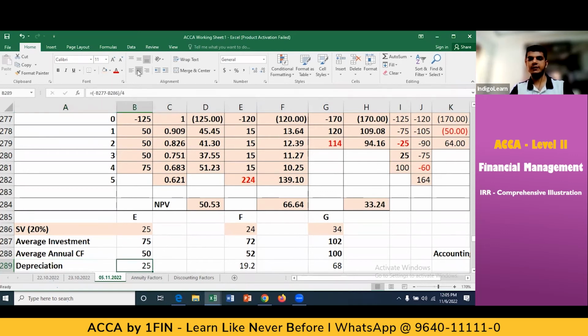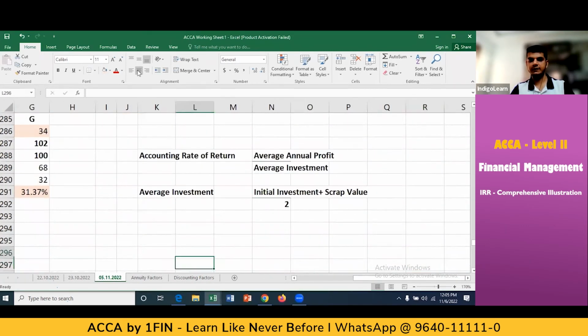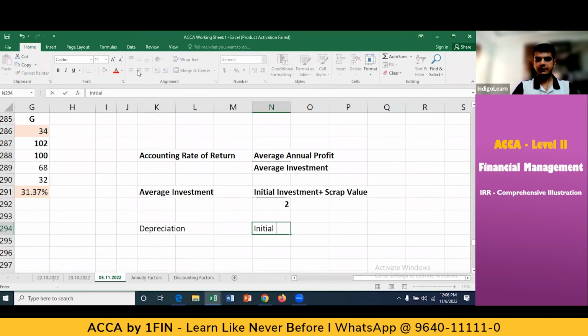Depreciation in any case, we can calculate. How we can calculate depreciation, that formula also I'll write here for your easy access. Depreciation is equal to initial investment or initial cost, I would say, minus scrap value, divided by life of the asset.